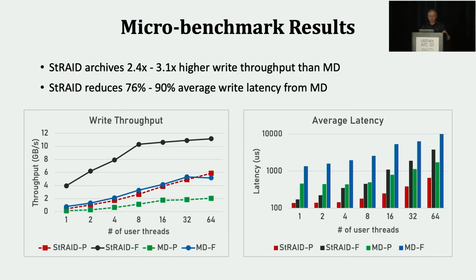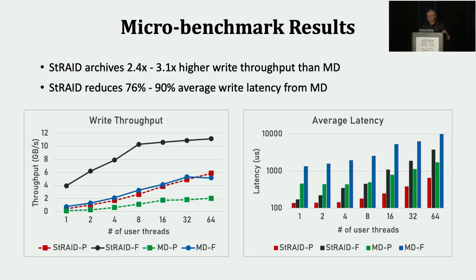So here are the micro benchmark results. The figure reports the write throughput of StRAID and MD with partial stripe write and full stripe write. StRAID achieves up to 2.5 times higher write throughput than MD with a single thread.